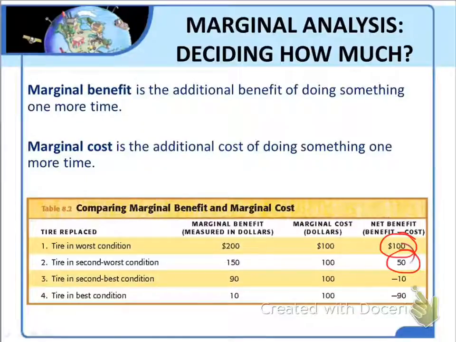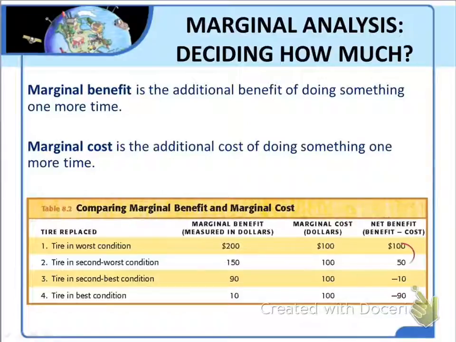The $90 marginal benefit of replacing the third tire, however, is less than the $100 marginal cost. It's actually negative in this case. So Lynn should stop buying tires without taking that step. And therefore, the decision that Lynn would make would be to replace 2 tires, but not all 4 tires.